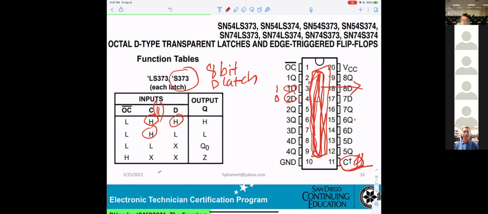What happened if pin 11 is low? When you're looking into the function table, can you tell me how much you understand? If pin 11 is at logic 0, what happened? No change. That means we're talking about the previous data.